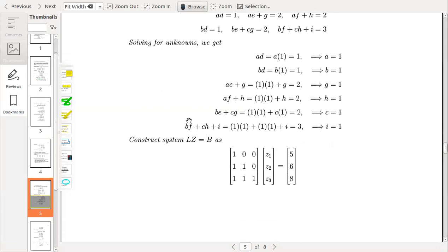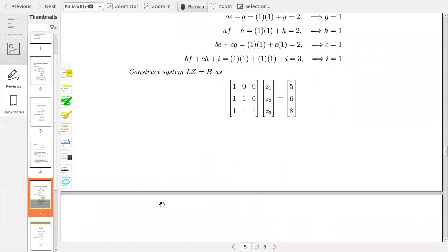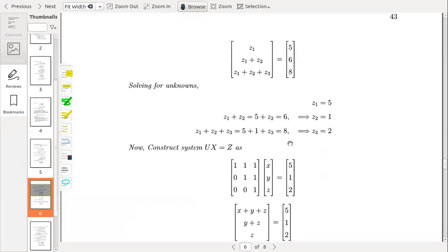Then Z1, Z2, Z3 equals the matrix of constants. When you multiply these two matrices, you will get these equations: Z1, Z1 plus Z2, Z1 plus Z2 plus Z3, and you will get the values of Z1, Z2, Z3.